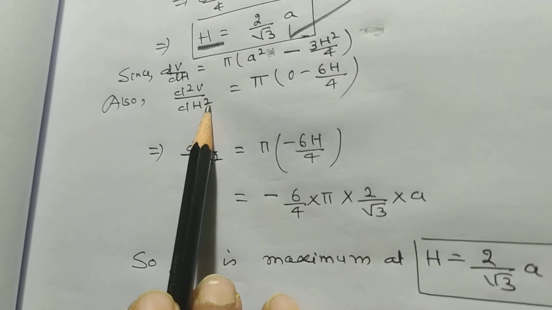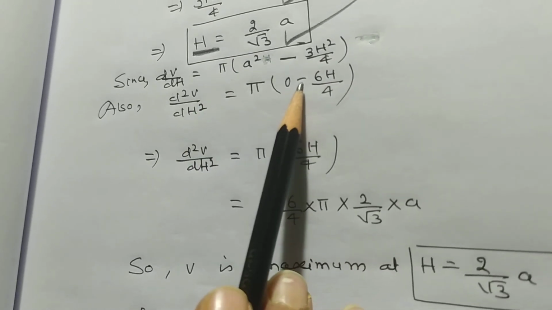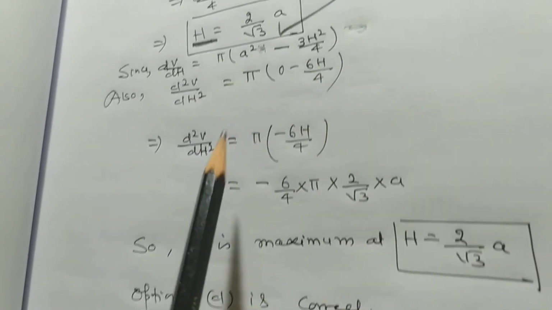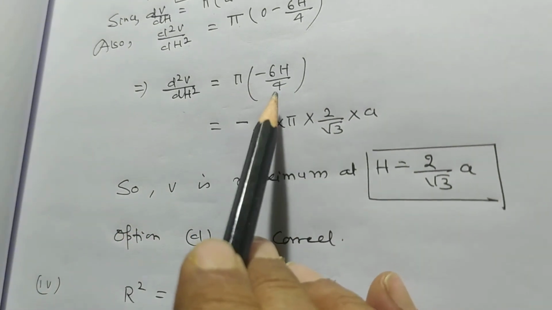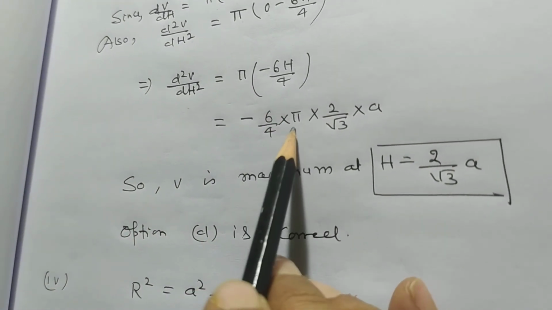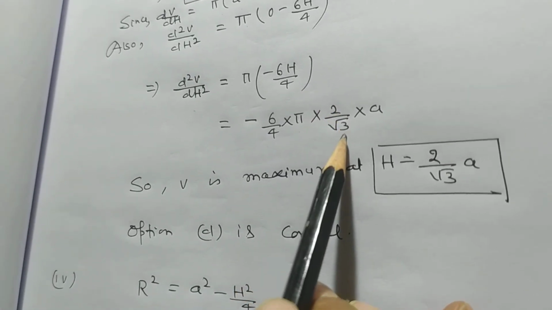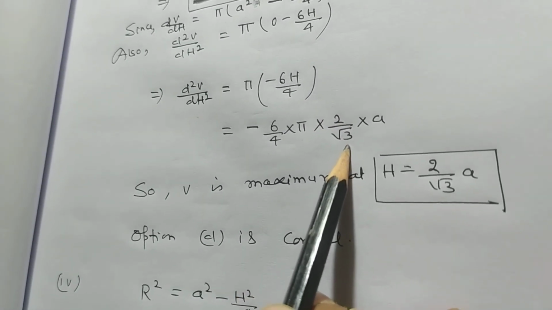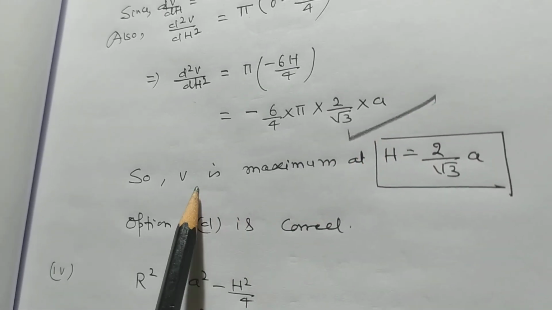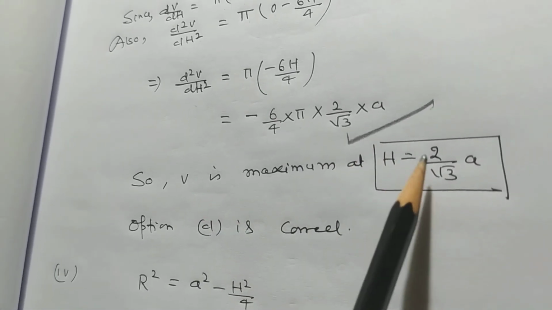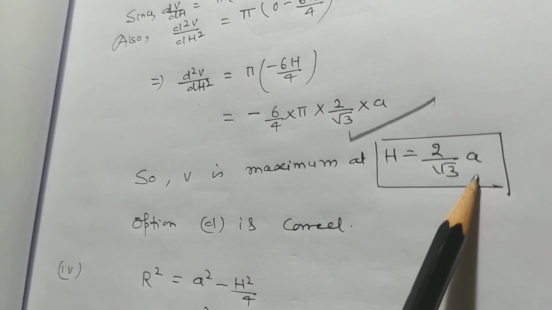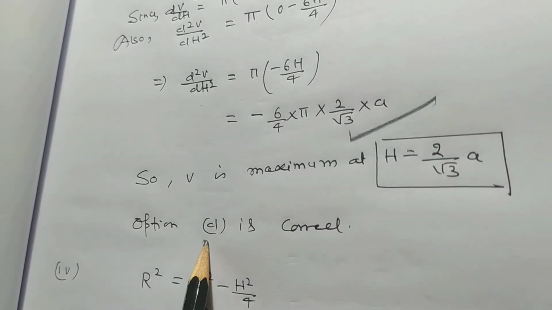Again, d2V by dH square is equal to pi into 0 minus 6H by 4. So d2V by dH square is negative, minus 6 by 4 pi times H, and the value of H we have already determined is 2 by root 3 into A. So V is maximum at H equal to 2 by root 3 A. Hence D is the correct option.